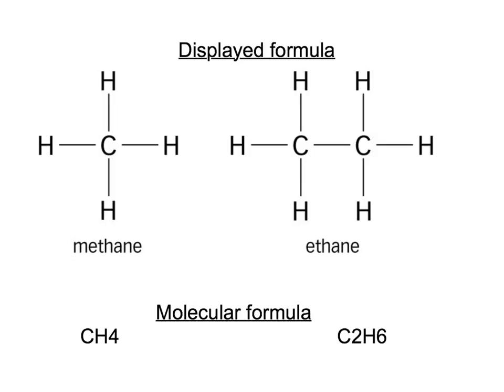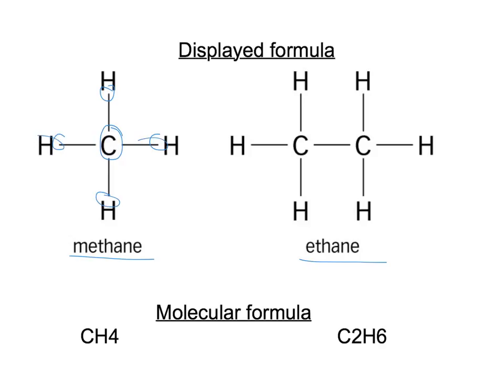Another thing that's quite popular in exams is displayed formula. Here are the displayed formula for methane and ethane. And it just shows you whereabouts the atoms are and then what is bonded to what. So we can see here the carbon has made 4 bonds and each hydrogen has made 1.